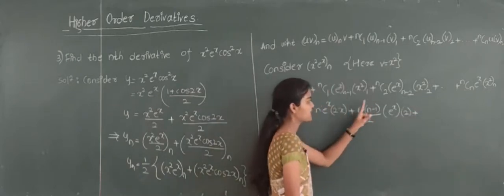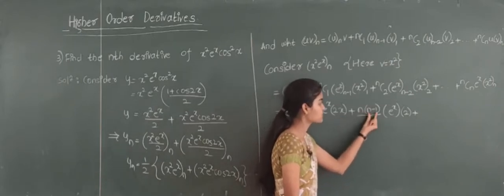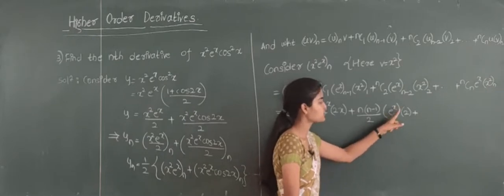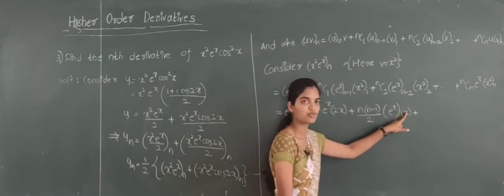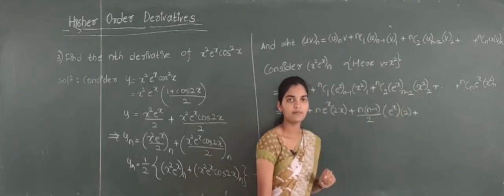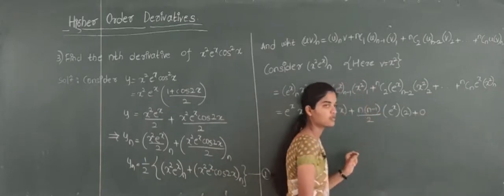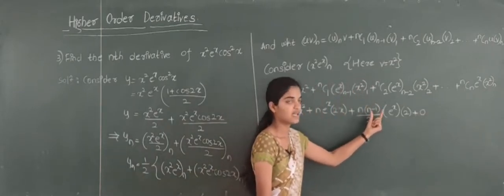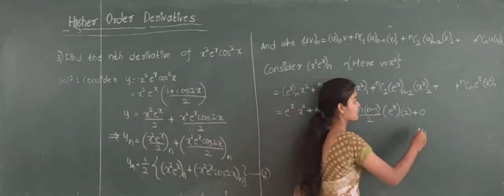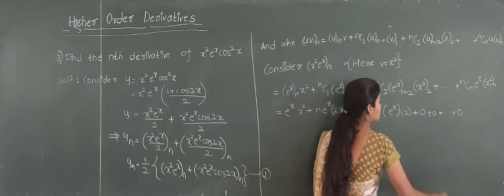Then next term, n into n minus 1 into n minus 2 divided by 3 factorial e raised to x, and differentiation of this 2 we will get, that is third derivative of x square. As you can check separately, we will get it as 0, and multiplying 0 to any number we will get 0, and hence all the next terms also become 0. So here I will end it, or 0 plus and so on, again 0 you can write.